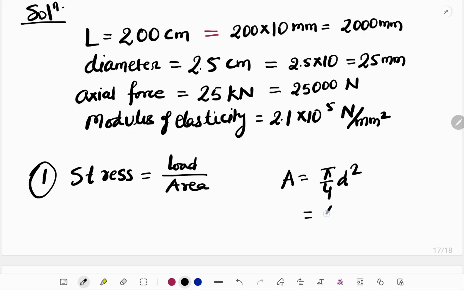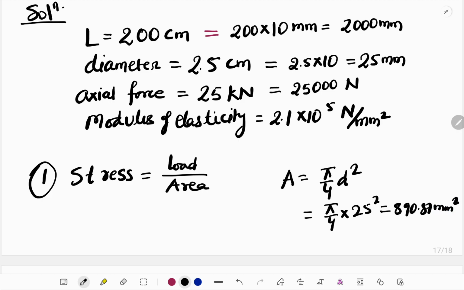D is given here as 25 mm, so let us use the calculator. Pi by 4 into 25 square, finally we'll get 890.87 mm square.